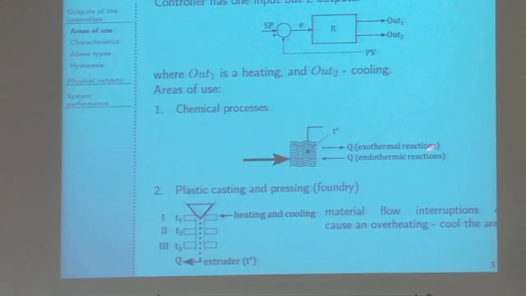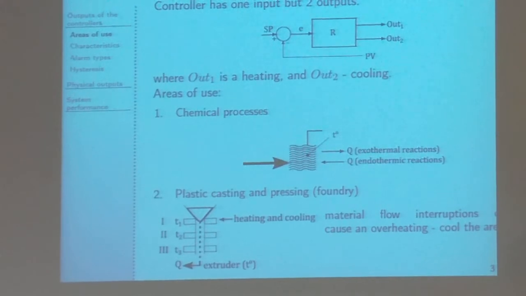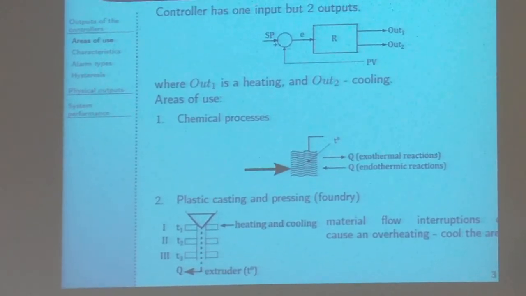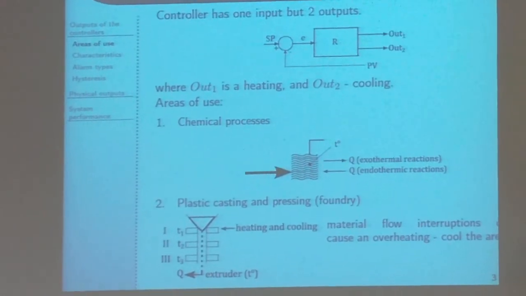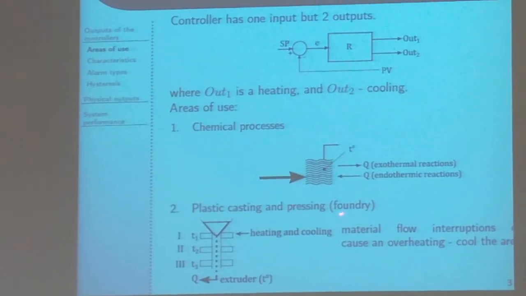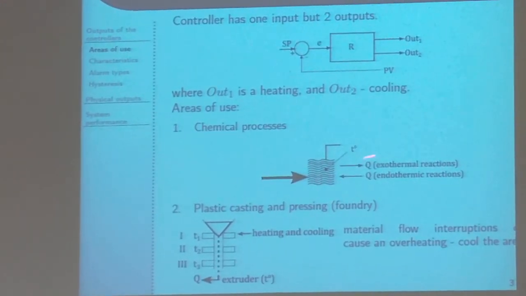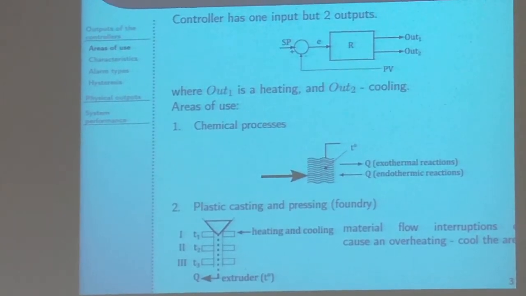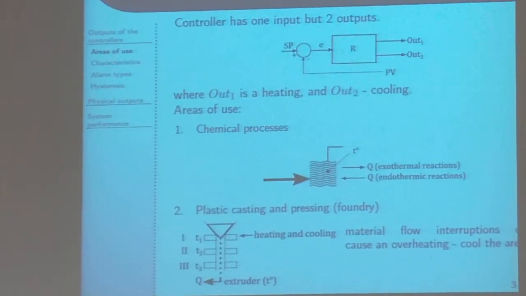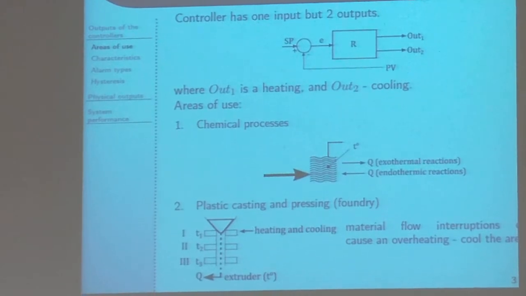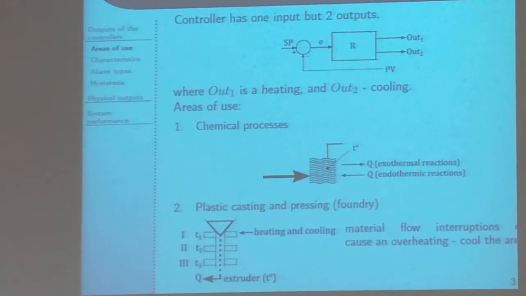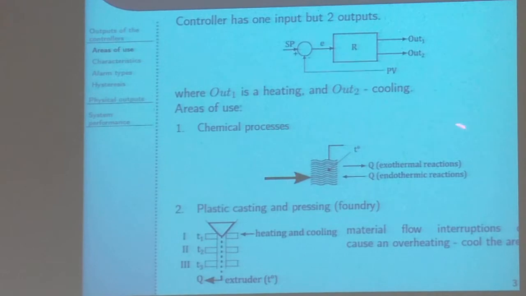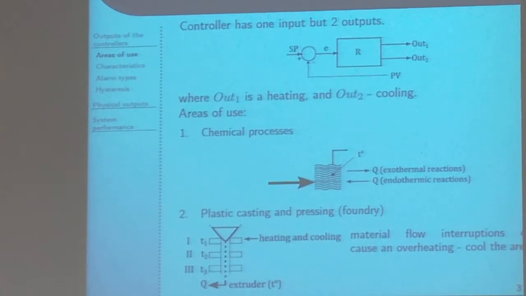One of them is an exothermal reaction. There we get a lot of temperature or energy from that process. Another type of process basically takes energy or temperature from the environment. So that means we can use the same controller for both types of processes.